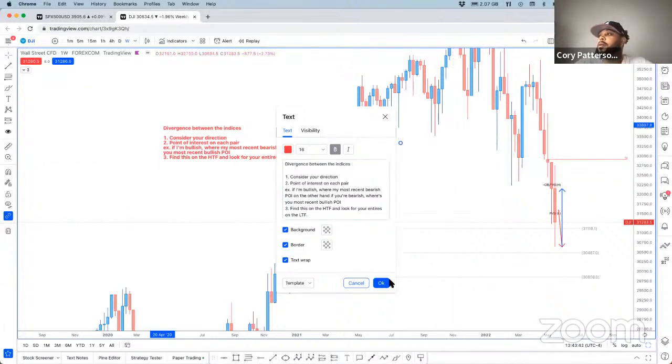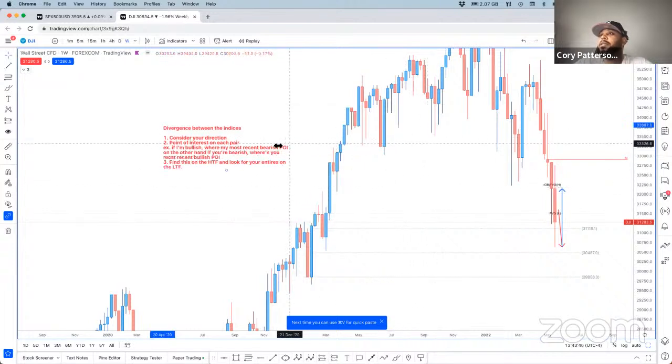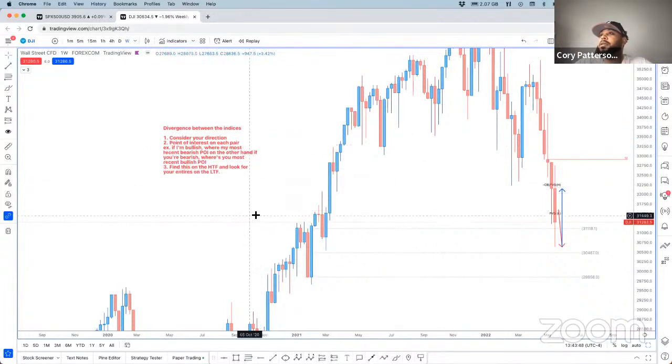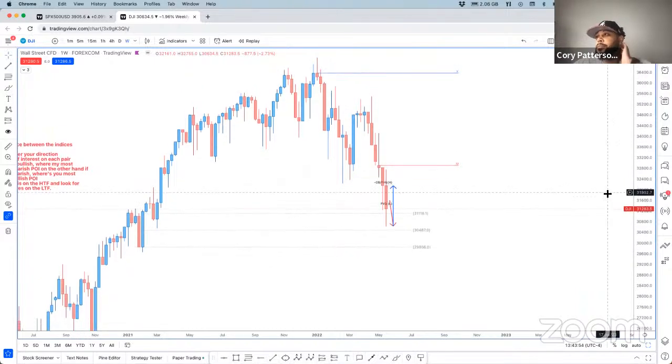So for us, if we're looking at the weekly, right? This high left this fair value gap and it traded first to this order block. We stopped off, we tried to push up right here, we failed.